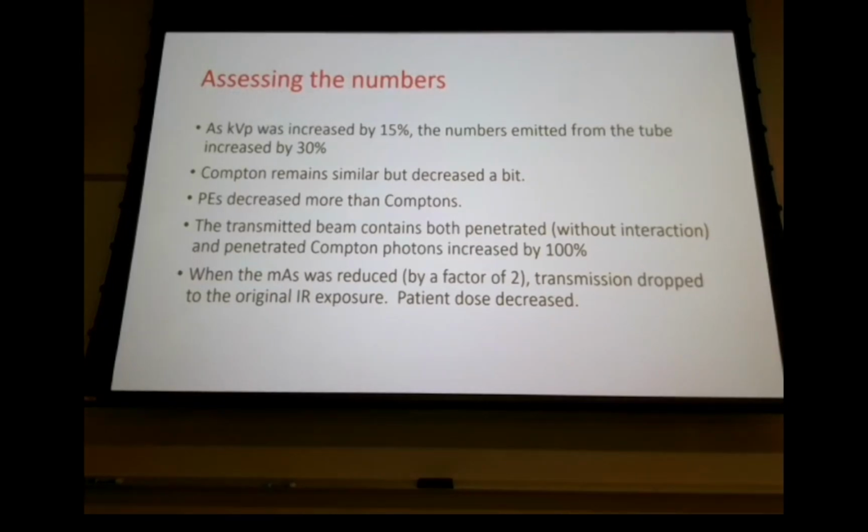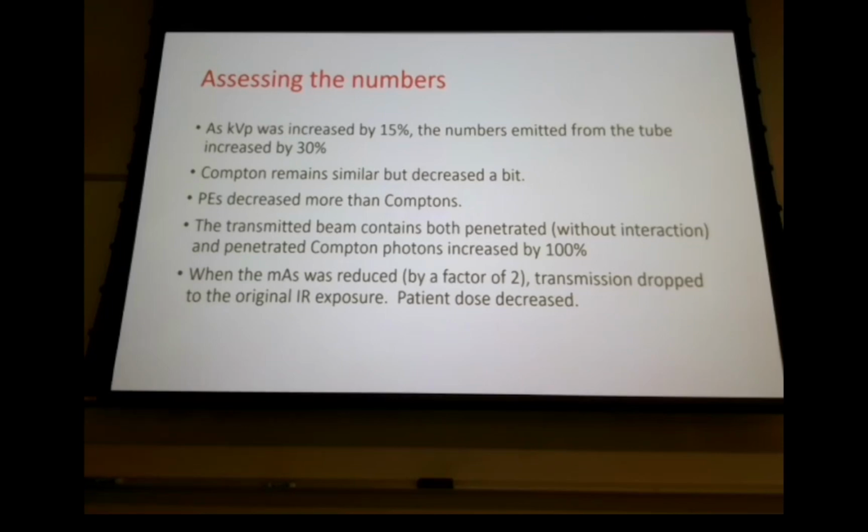All right, and that just explains all that. As kVp was increased, the number of photons emitted from the tube increased by 30%. Compton remains similar, right? So what really changed though was the PEs, right? We get less absorption, keeping in mind that those Comptons that we create, some of them will become photoelectrics and some of them will penetrate, right?